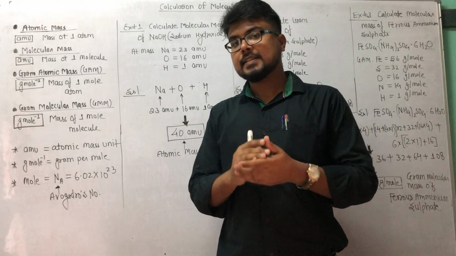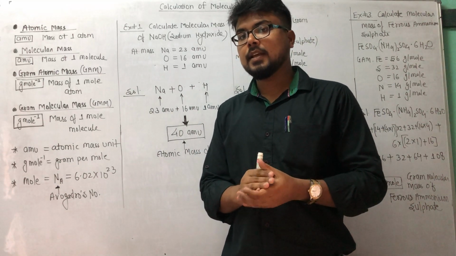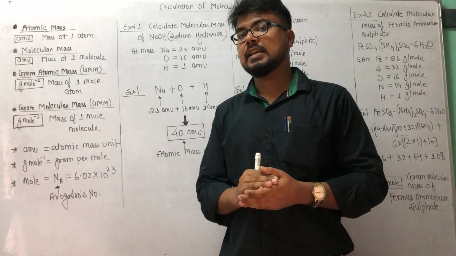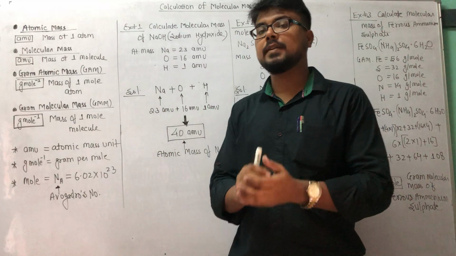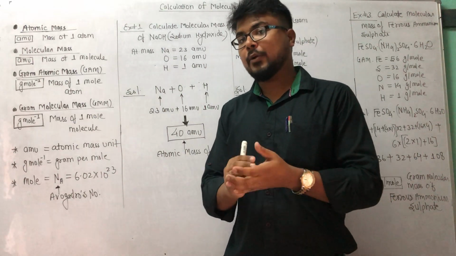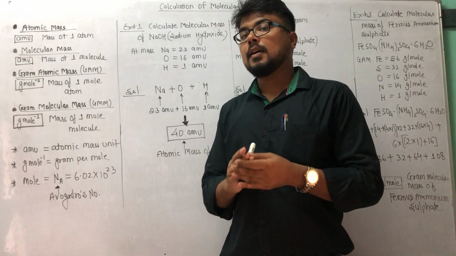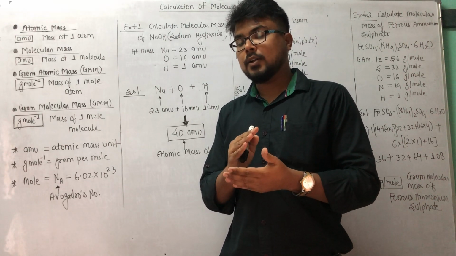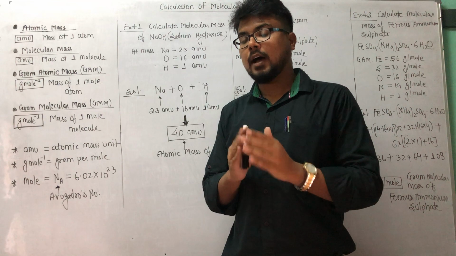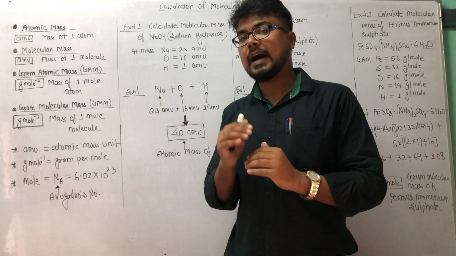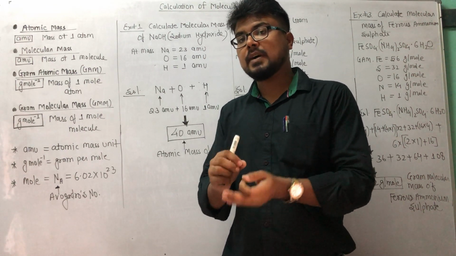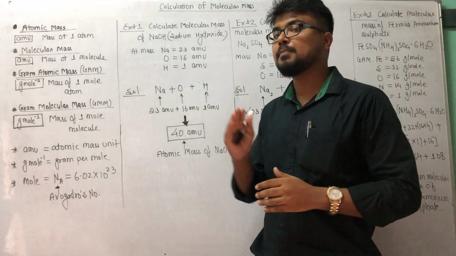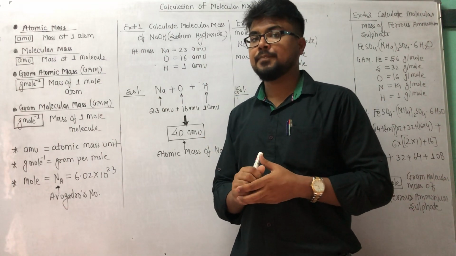In this class, we will study the calculation of molecular mass by using the atomic mass of different elements. I hope you learned the concept of atomic mass, how to learn atomic mass and how to derive atomic mass using the simple trick, as I discussed in my previous video lecture.